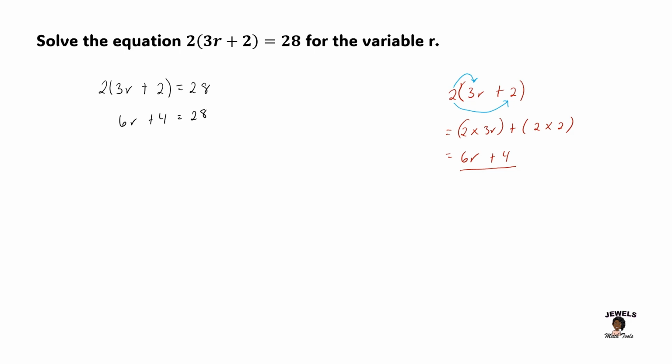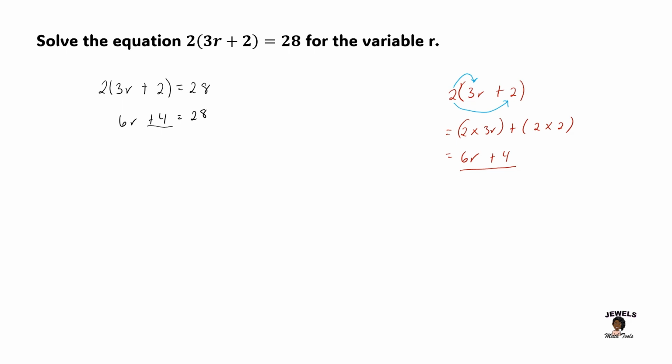And now let's begin collecting our like terms. So remember that in solving a two-step equation, that means we're using two of your one-step equation rules to solve this one equation. So the first rule I'm going to apply is my rule for subtraction.